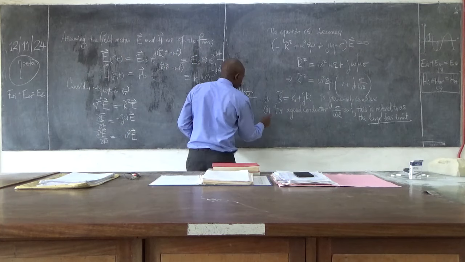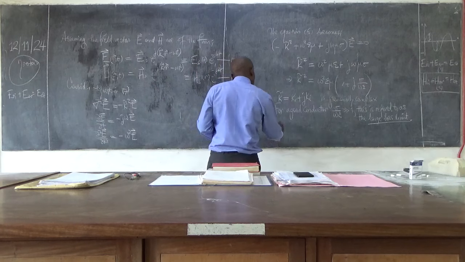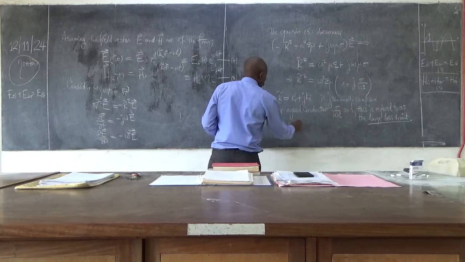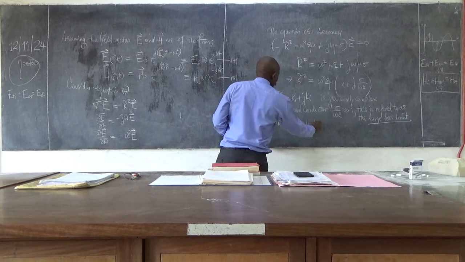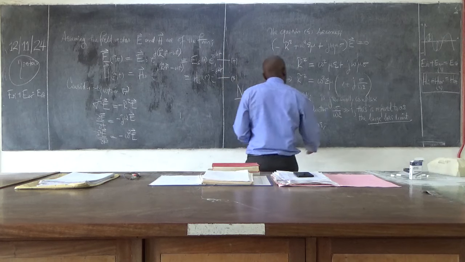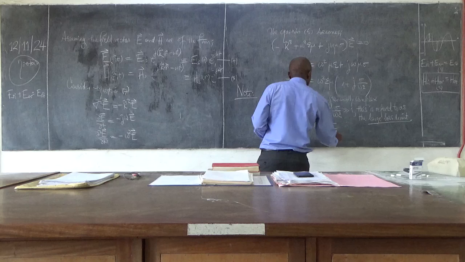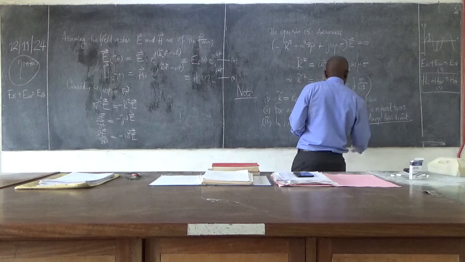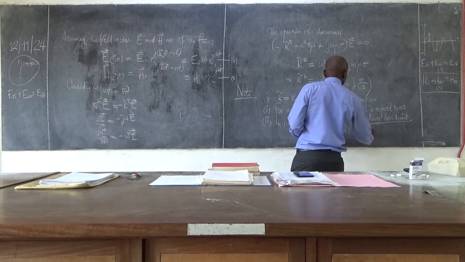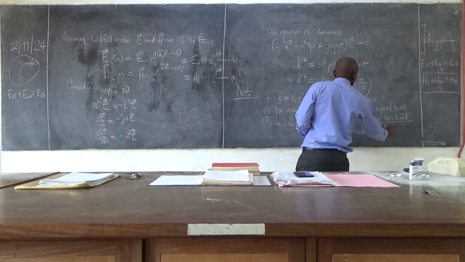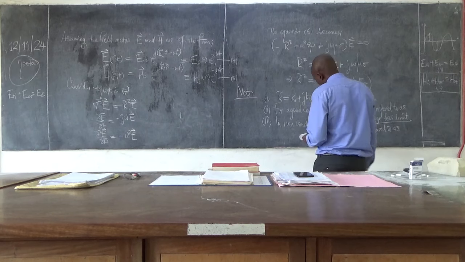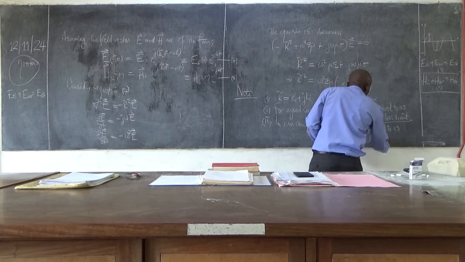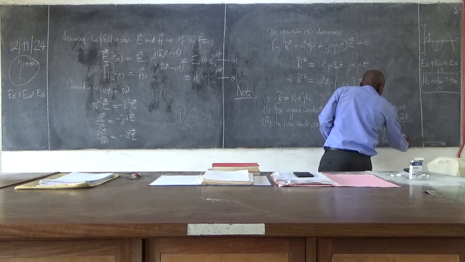3. In non-conductors, σ over ωε is much less than 1 and is referred to as the low loss limit.